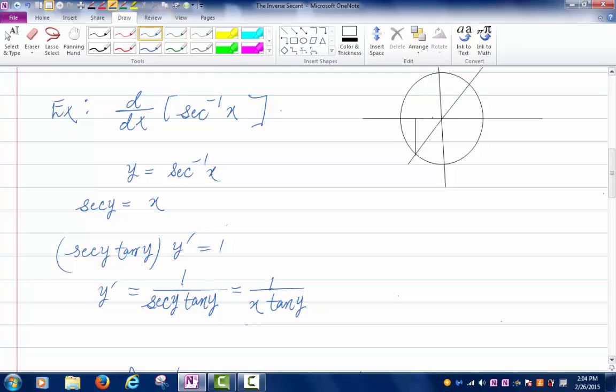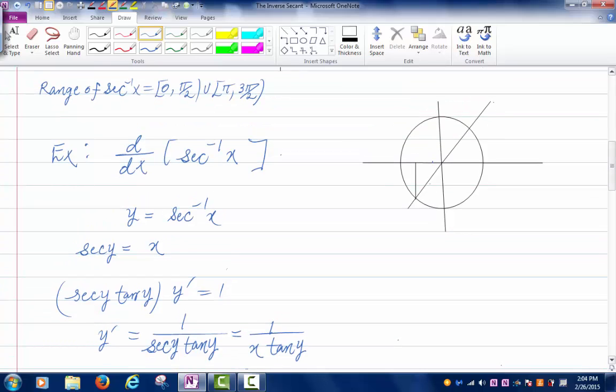Second quadrant, sine and cosecant. Third quadrant, tangent, cotangent are positive. Everything else is negative. Fourth quadrant, cosine and secant are positive. Everything else is negative. So if x is positive, secant of y is positive, then y would have to be in the first quadrant. Okay, so that's one possibility, that y is in the first quadrant.